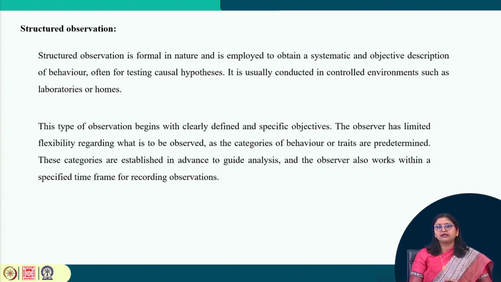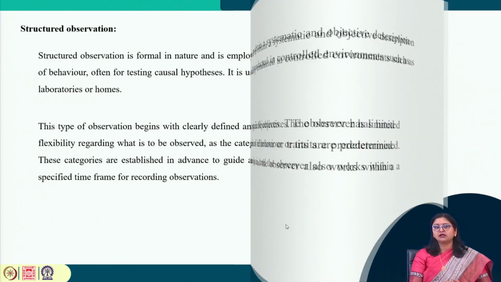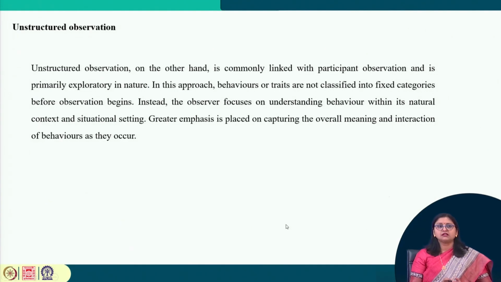So that observation comes under structured observation. These categories are established in advance to guide analysis, and the observer also works within a specified time frame for recording the observation. The second type is unstructured observation. Unstructured observation, on the other hand, is commonly linked with participant observation and is primarily exploratory in nature.